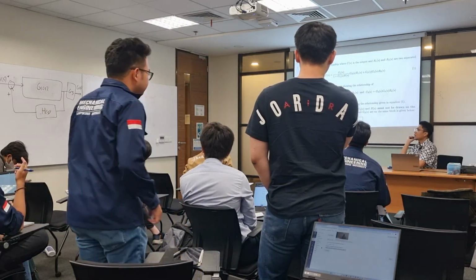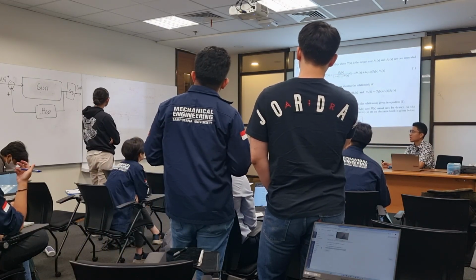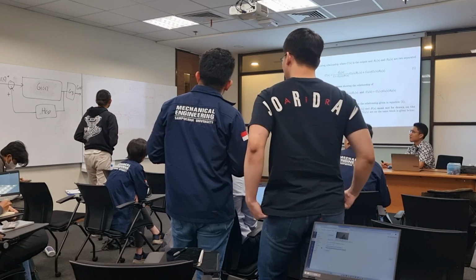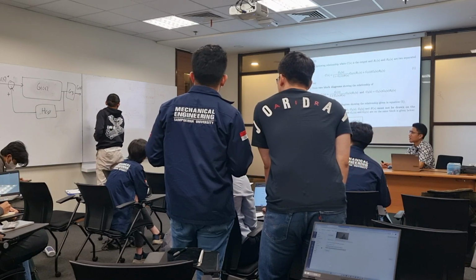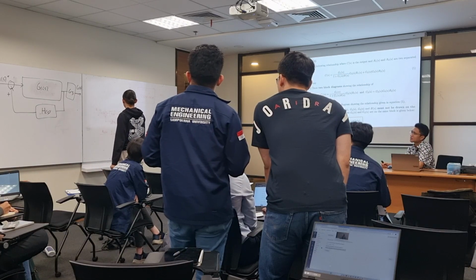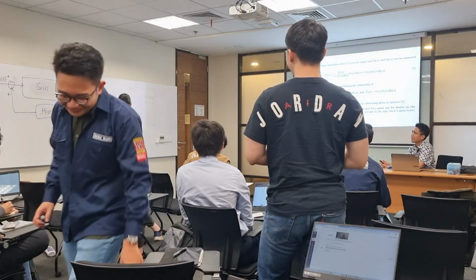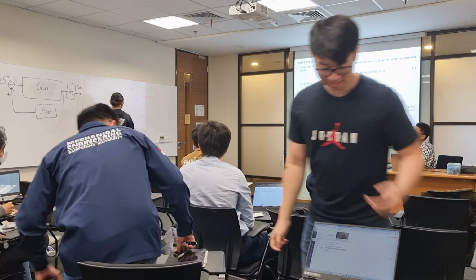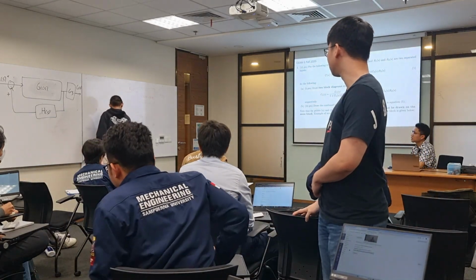Can anyone think if we put the G3 as only one block? So this eliminates the error, sir. The error is not only there. Then move the G3 to here. If you move G3 to there, what happens?